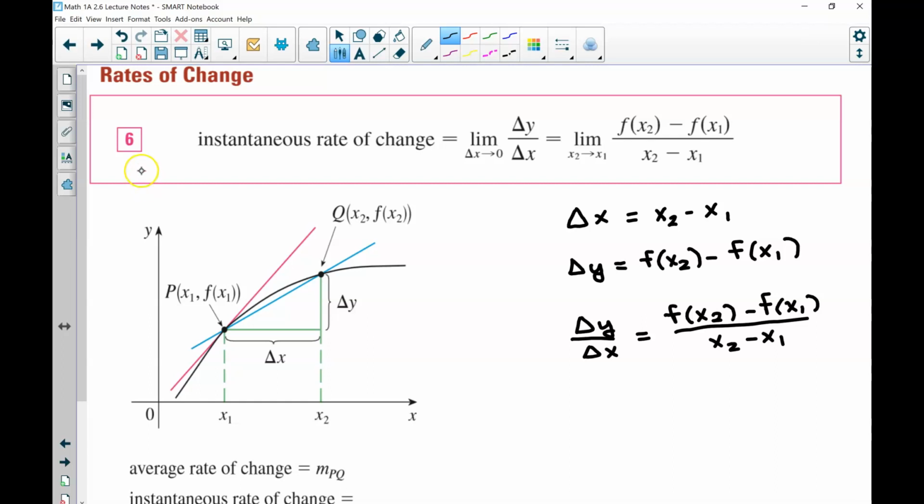So in definition 6, the instantaneous rate of change is equal to the limit as the change in x approaches 0 of the change in y over the change in x, which is equal to the limit as x2 approaches x1 of f of x2 minus f of x1 over x2 minus x1.